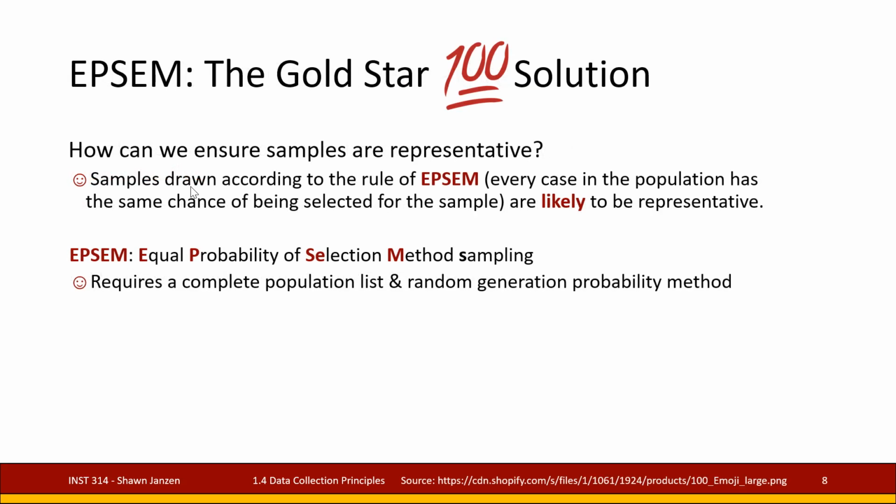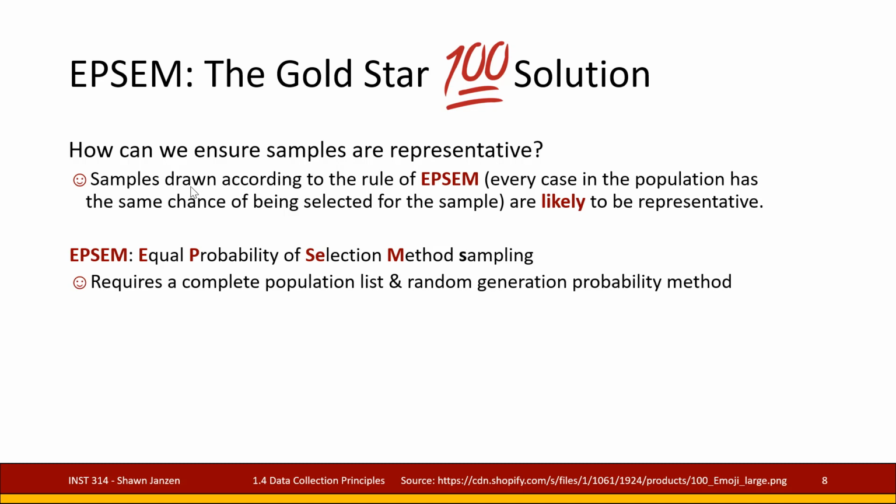So how can we ensure that everybody is representative? EPSEM stands for Equal Probability Selection Method sampling. This is the gold star, the top-notch method. It doesn't really get better than this to make sure that you're representative.